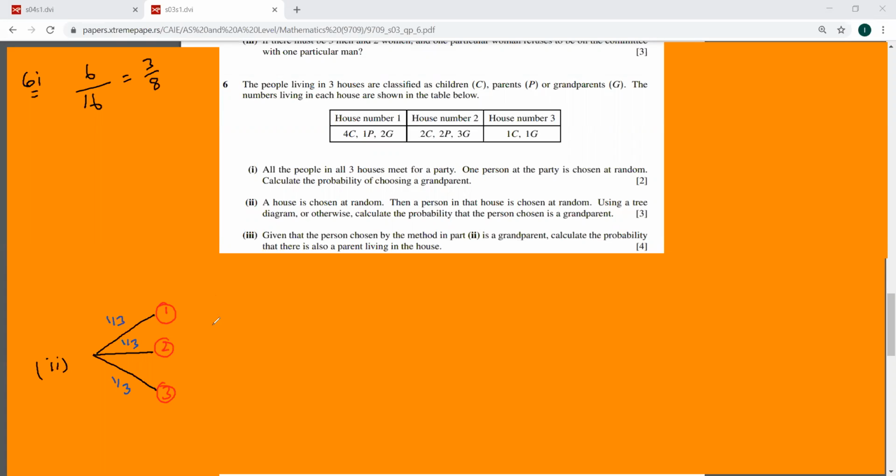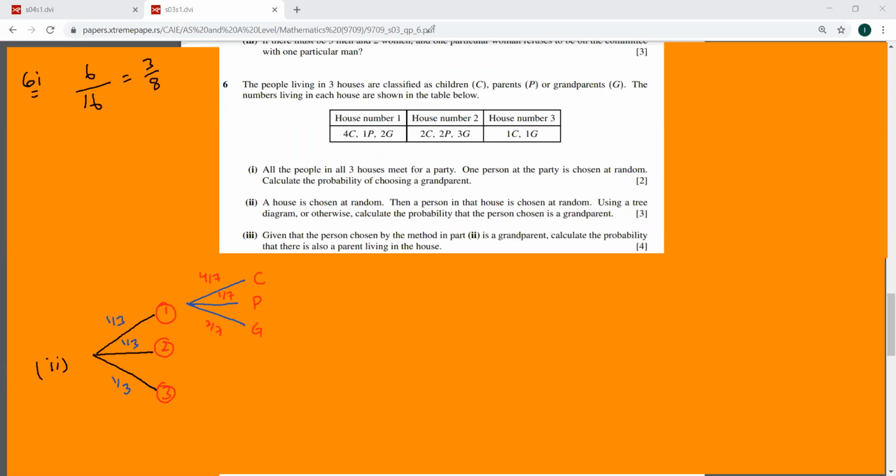Then if house number 1 is chosen, you can choose a child from there, you can choose a parent from there, you can choose a grandparent from there. So this is 4 over 7, 1 over 7, and this one is 2 over 7.